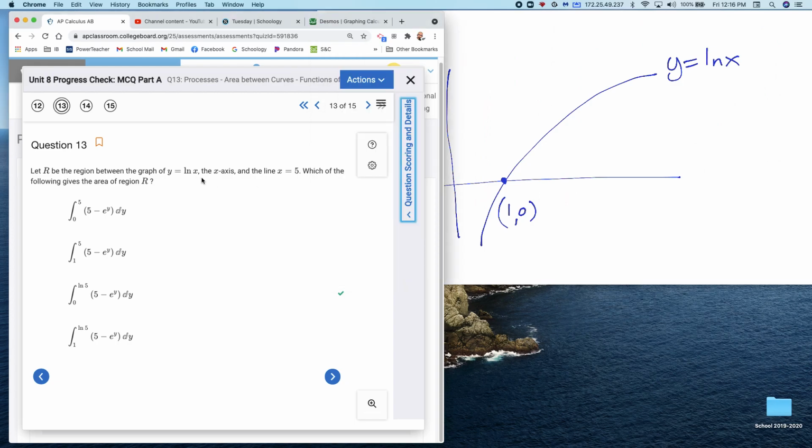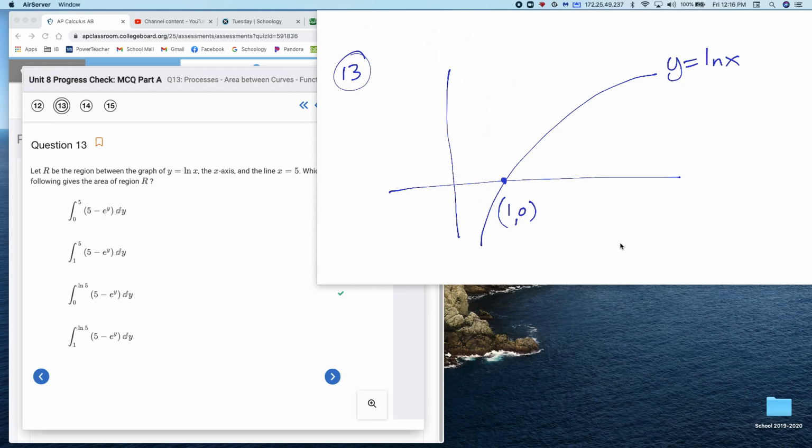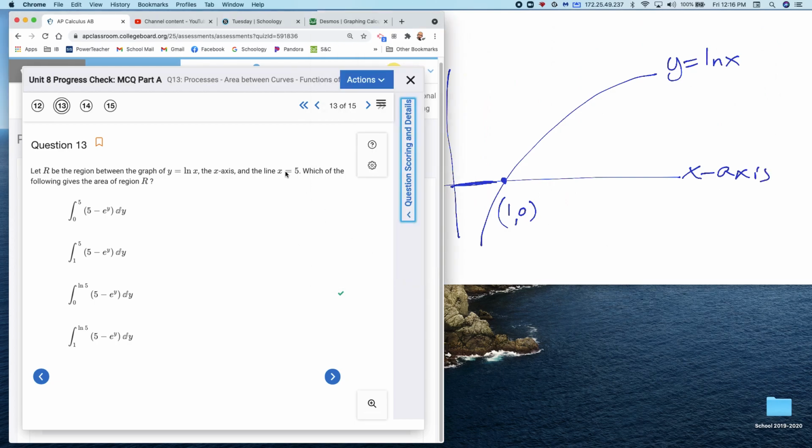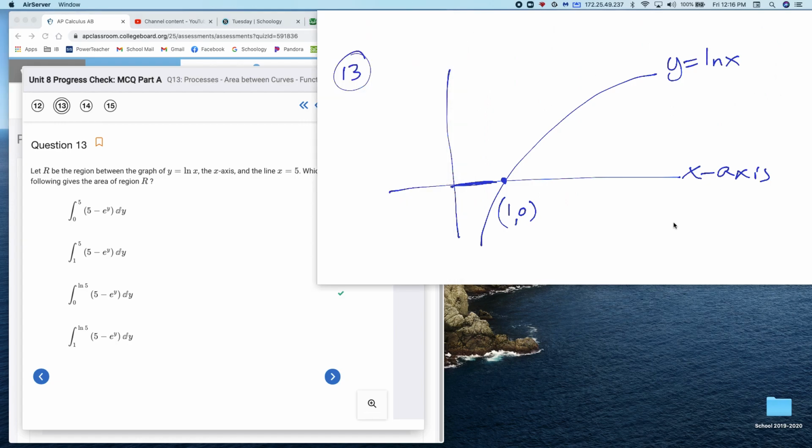We're supposed to take that, the x-axis, which is this part right here, and the line x equals 5. Well, the line x equals 5 is a vertical line here. And so the region we're talking about is this one right here. Whenever it says bounded by these things, think of those as fences. So that's the region we're talking about.